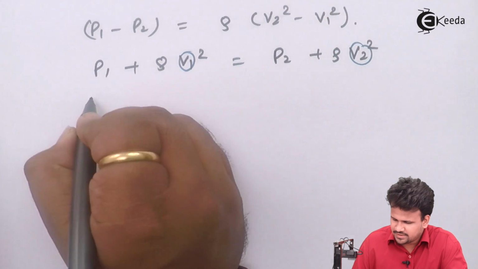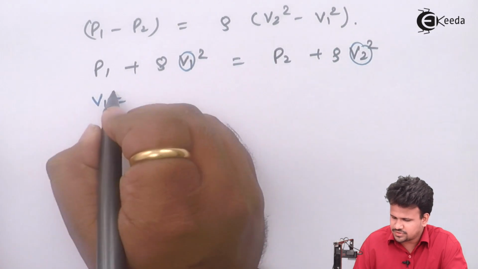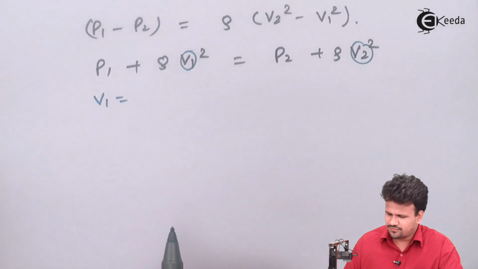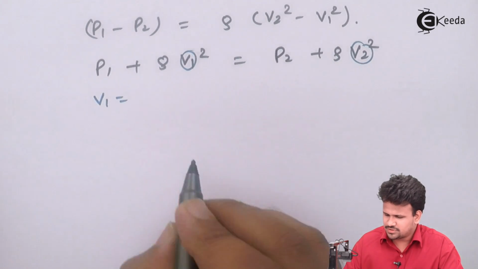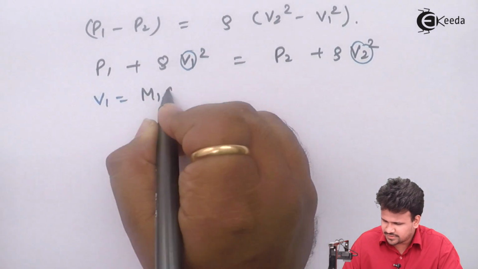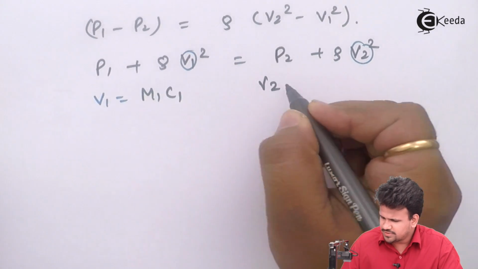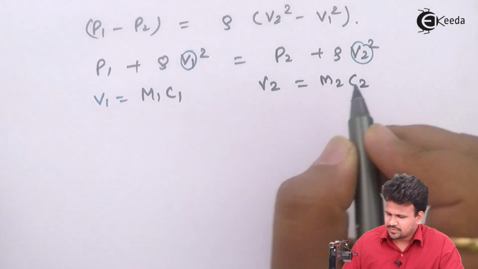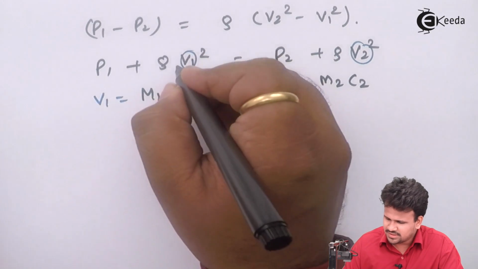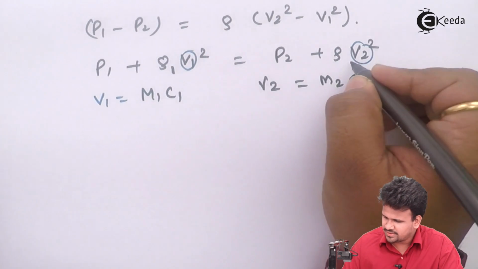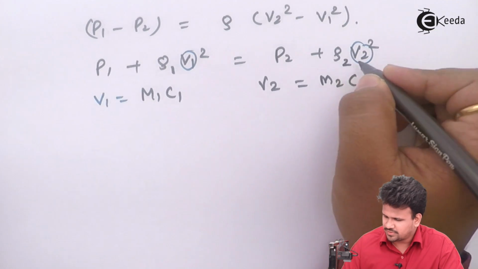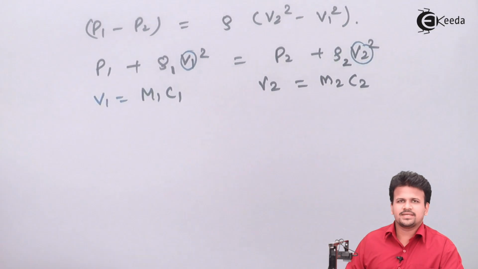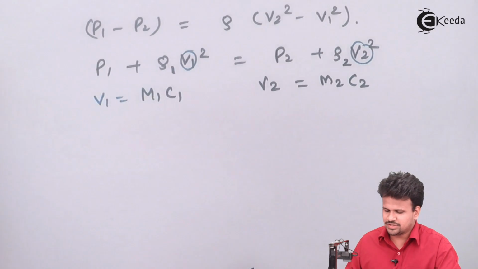So we can substitute the value of V1, which is equal to M1 into C1, and V2 is equal to M2 into C2. Along with this, here this will be density rho 1, here this will be density rho 2, depending upon the initial and the final density at the inlet condition and the outlet condition.